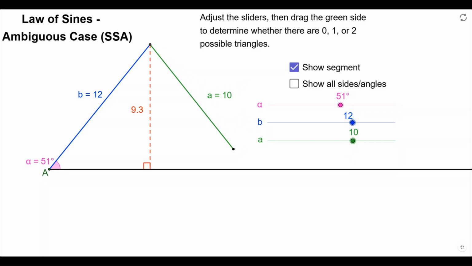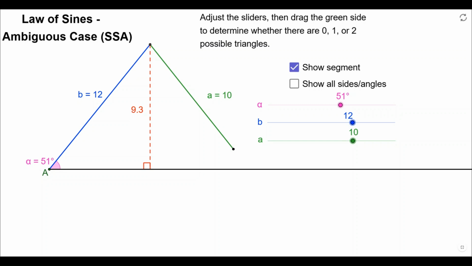To figure that out, we draw a line from the angle between the two known sides, side A and side B. So I draw a line from angle C at the top down to side C at the bottom, and I want that intersection to be perpendicular. He's already had this value computed to be 9.3. So the height of this triangle is 9.3.